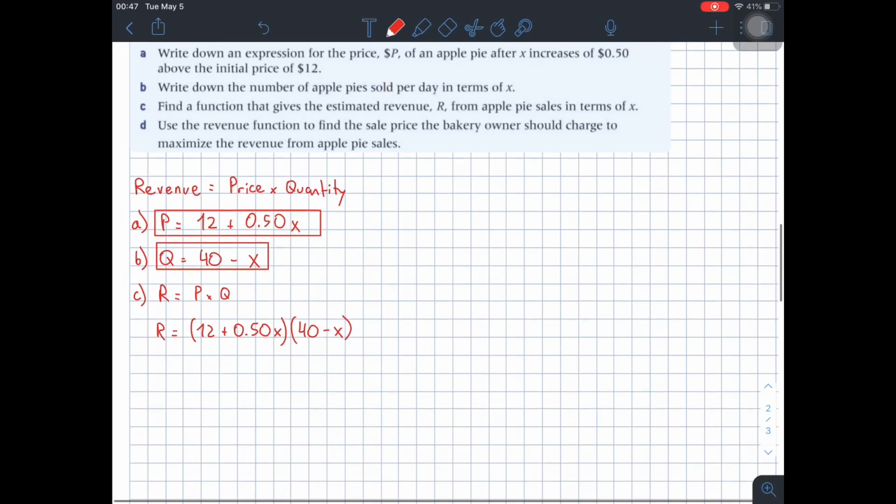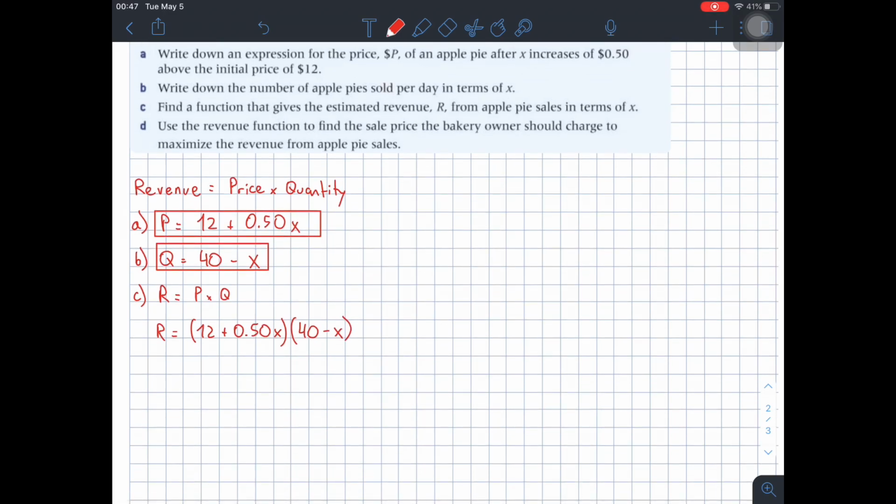And if we simplify this expression, this would be revenue equals 12 times 40, that's 480, minus 12x plus 20x and minus 0.5x squared.